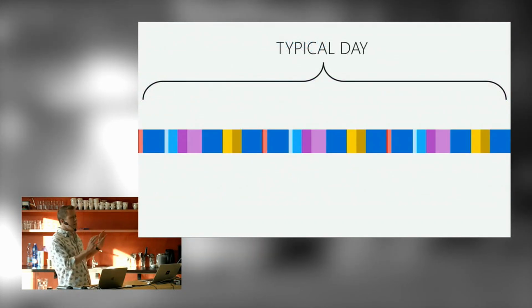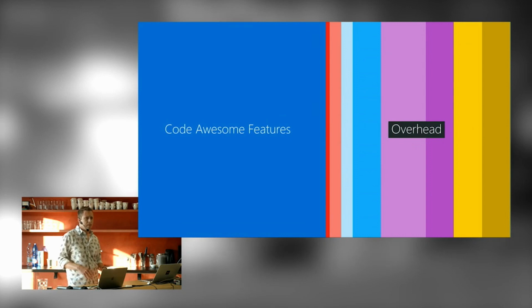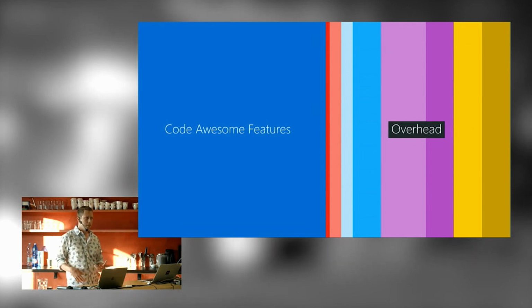So this totally weird fragmented day ends up looking a little bit like this. About half your time is coding awesome features, killing it, doing cool stuff. But the other half of your day is useless overhead. Or at least I think it's useless because it can be automated, and therefore I don't want to spend my time doing it. So how do we deal with this?